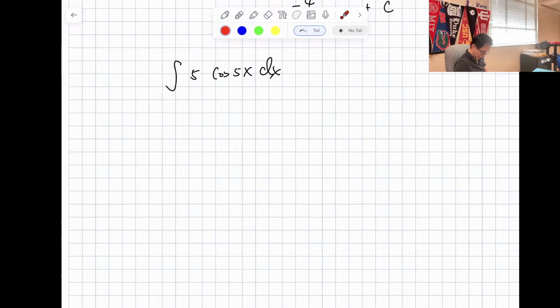Du equal to 5, because the inside is like your g of x. The 5 could just move to the du. I got negative 5. I don't think you have to do that. You have to pick the cosine versus the inside.